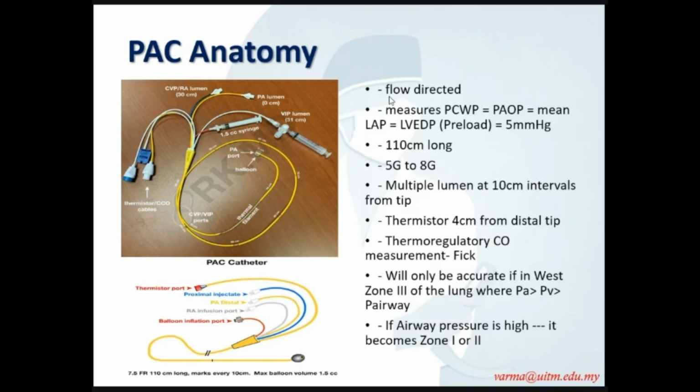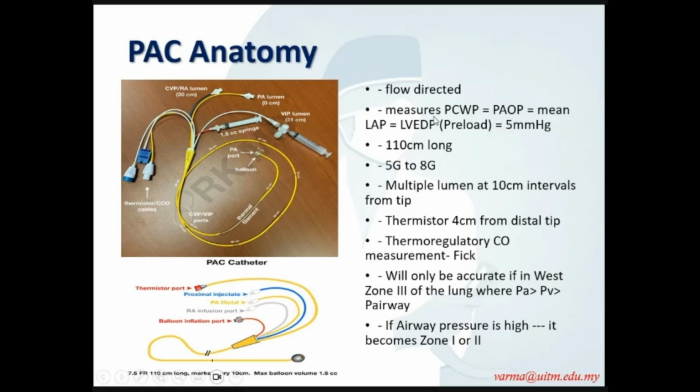After that, you have to make sure it follows the flow from your SVC into your RA and to RV, then your pulmonary artery. It follows the blood flow. That's why it's called flotation. You float the pulmonary catheter, you don't insert it. We let it float according to the flow of the blood from one chamber to another chamber.